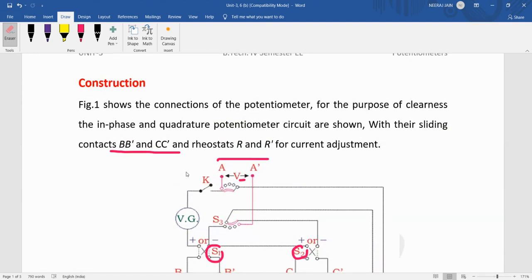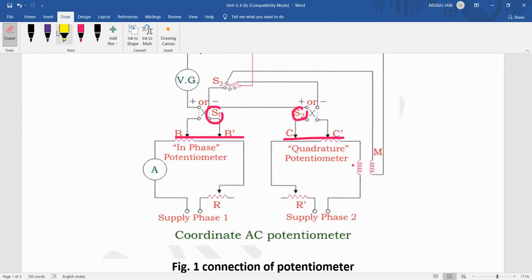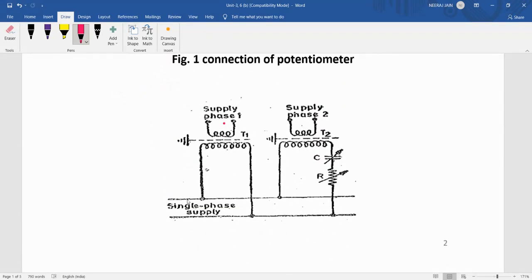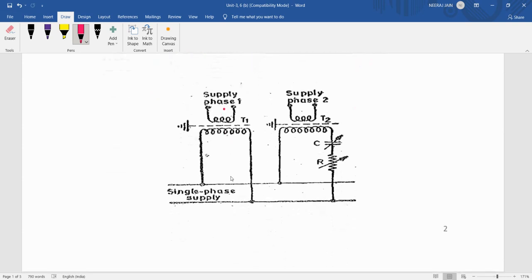Now the rheostats R and R' for current adjustment are used here. We are using two rheostats, one is R, another is R', for current adjustment. Now this supply is provided with the help of this type of arrangement.